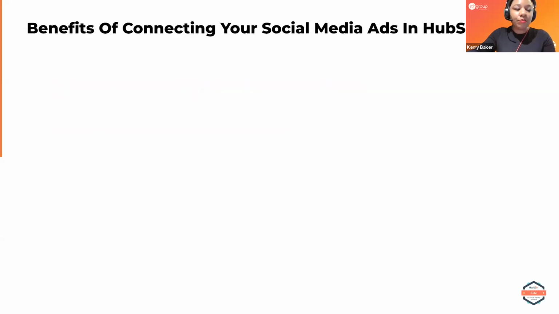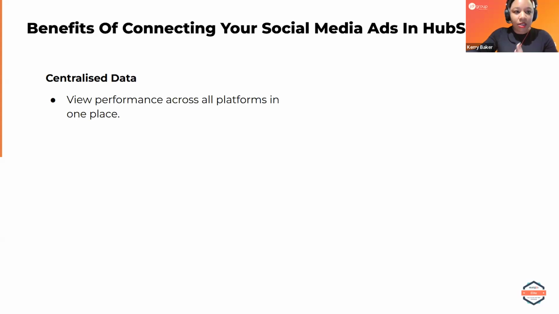Okay, so starting with the benefits of connecting your social media ads. When it comes to managing social media ads, integrating your ad platforms directly into HubSpot can actually revolutionize how you plan, execute, and measure campaigns. So we're quickly going to explore the key benefits, both for marketers and for business owners. So the first thing that you get from connecting your social media ads in HubSpot is centralized data.